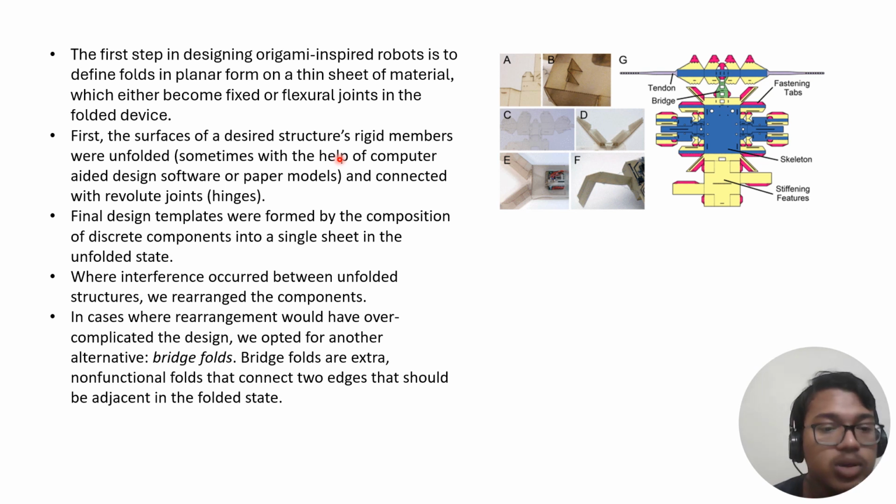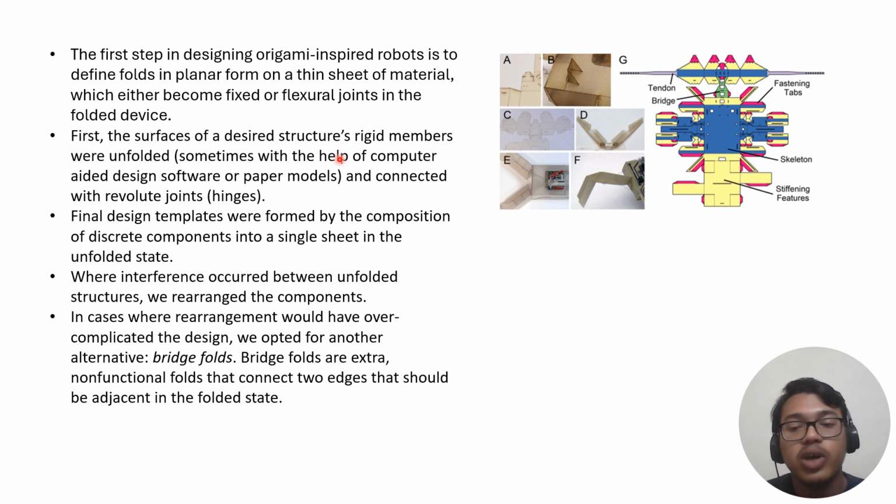So in cases where rearrangement would have overcomplicated the design, we opted for another alternative, the bridge fold. What does a bridge fold actually do? Suppose you have two structures in the planar design, and when we fold them into the 3D structure, these two structures need to come closer together. In such cases, to bridge two structures on the 2D surface, we use the bridge fold pattern.